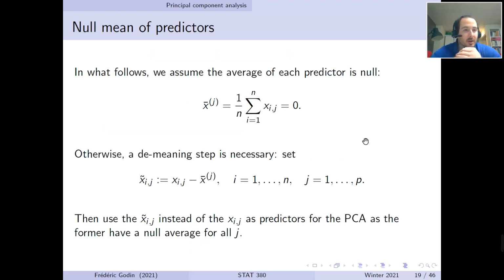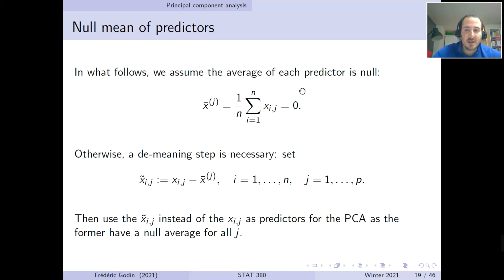As we mentioned earlier, principal component analysis is applicable on predictors which have a null mean. So what we assume here is that the sample average across all observations of the jth predictor in the data is 0, for all j.